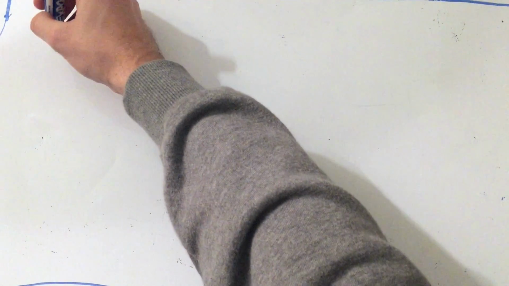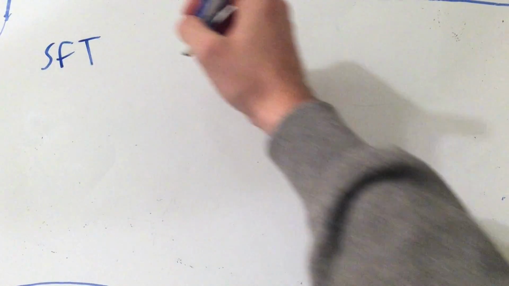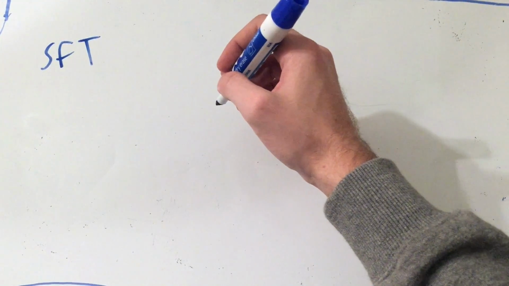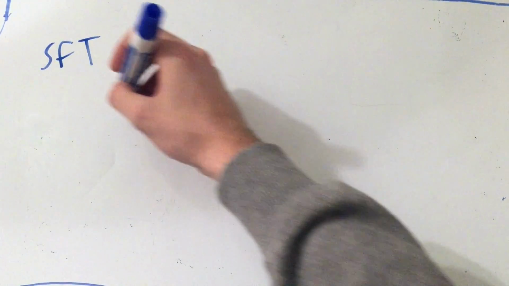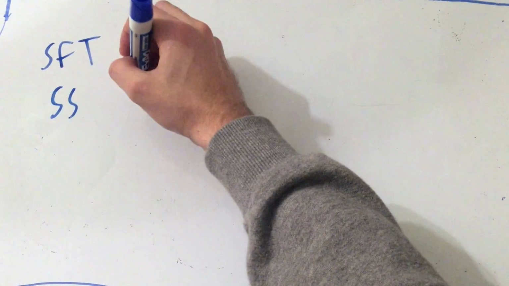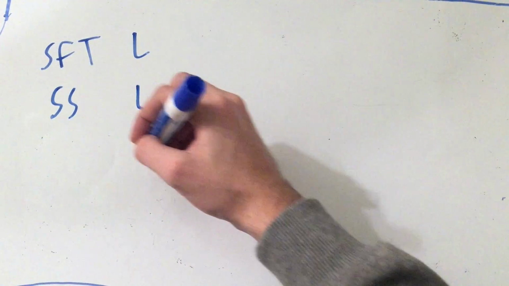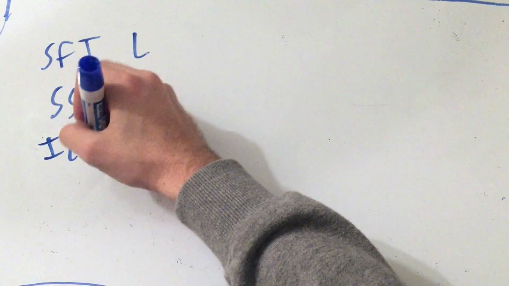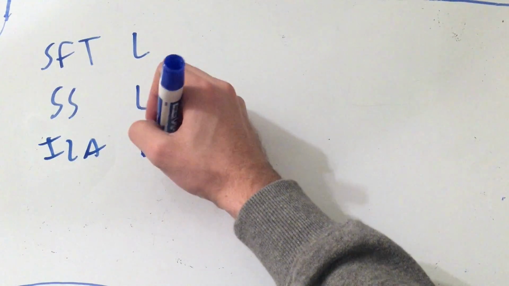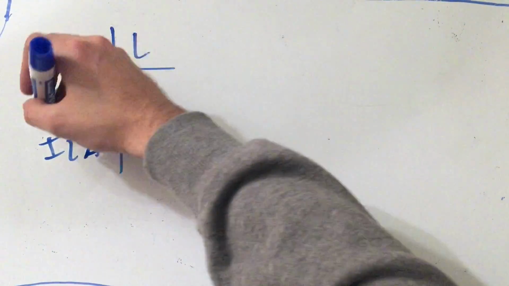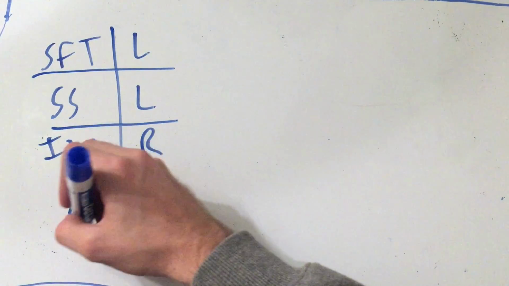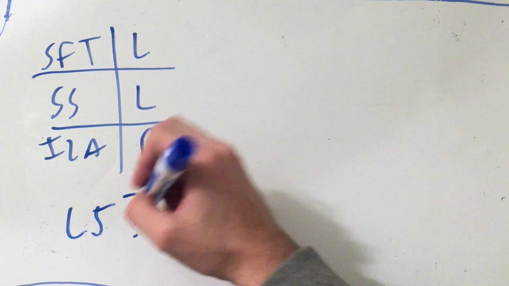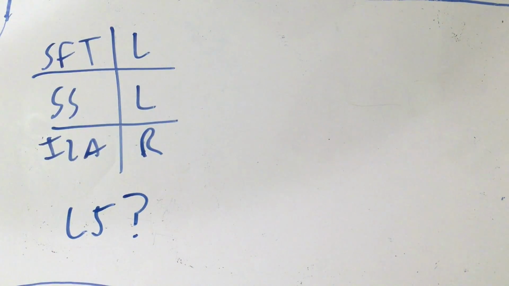Let's say that your sacrum has a seated flexion test that is positive on the left. You have a deep sacral sulcus on the left, and you have an ILA that is posterior inferior on the right. And the question stem wants you to figure out what position L5 is in.